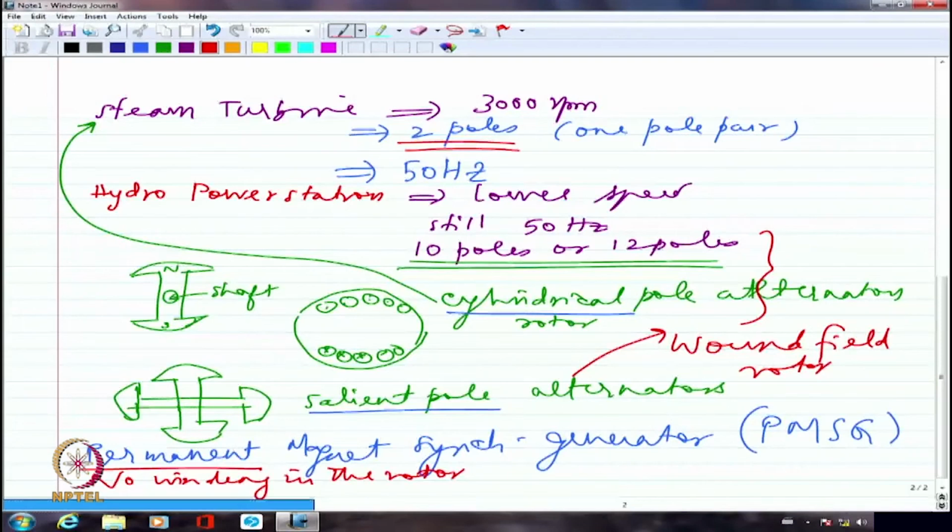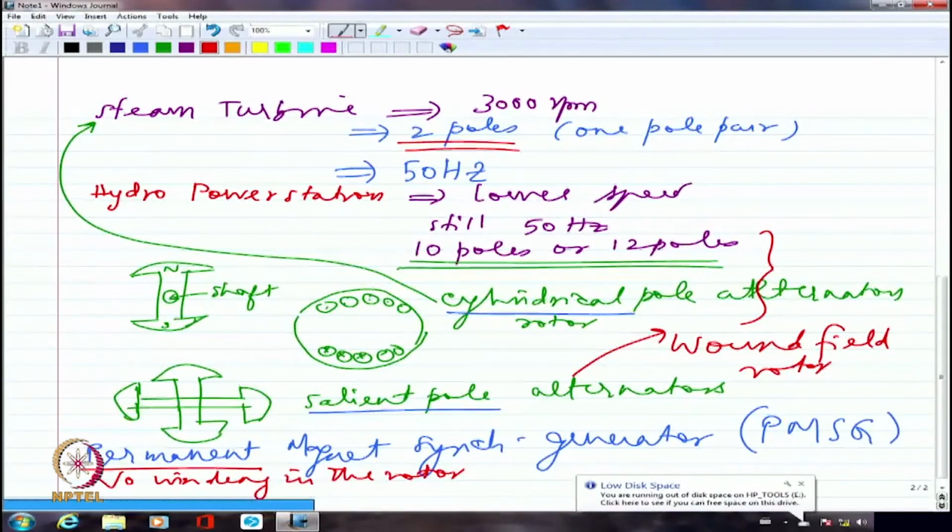So that actually gives me definitely the advantage of not having any winding. I will not have any I square R losses corresponding to the field, but I am going to have definitely no control over the excitation. The excitation is almost like a constant value. And the second thing is permanent magnets are not very freely available and are actually hoarded by China.